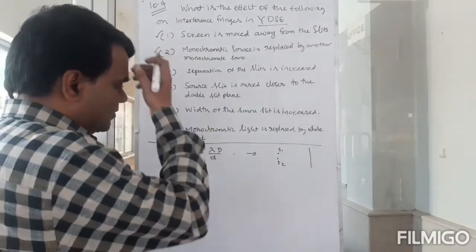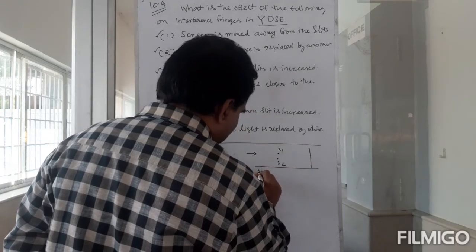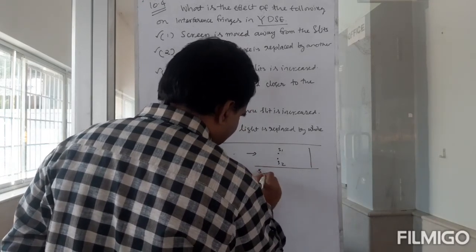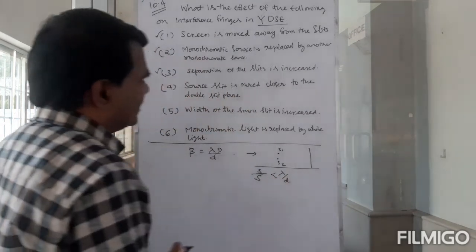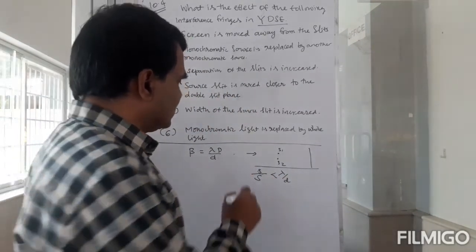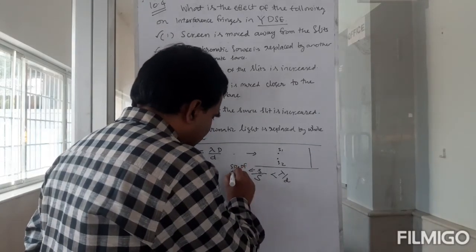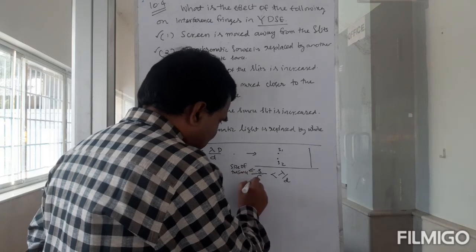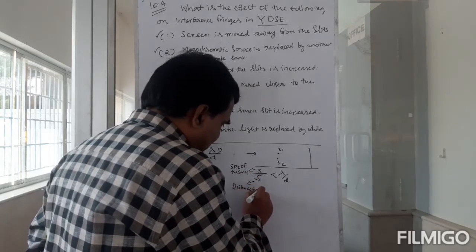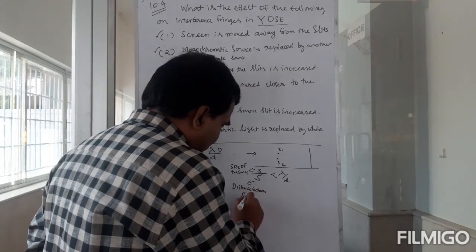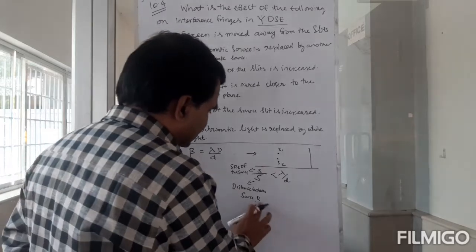So actually the formula for that is: s by S, the small s by capital S, must be less than lambda by d. That small s is the size of the source, and this capital S is actually the distance between the source and the slits, S1, S2.